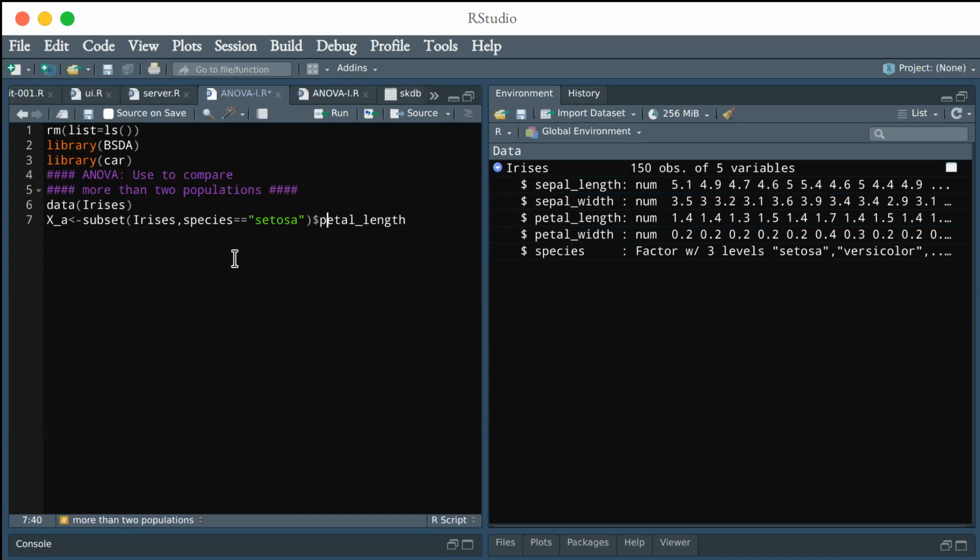I can keep it inside, but I wouldn't be able to subset with respect to species.